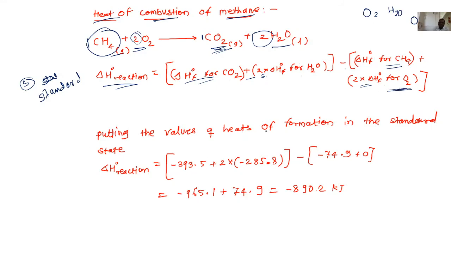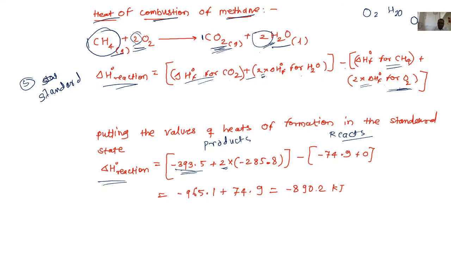So, putting the values of heat of formation in the standard state, which are already given, delta H0 of the reaction is equal to minus 293.5 kilojoule plus 2 into the value for the two molecules of H2O formed. These are the values for the products, and these are the values for the reactants.